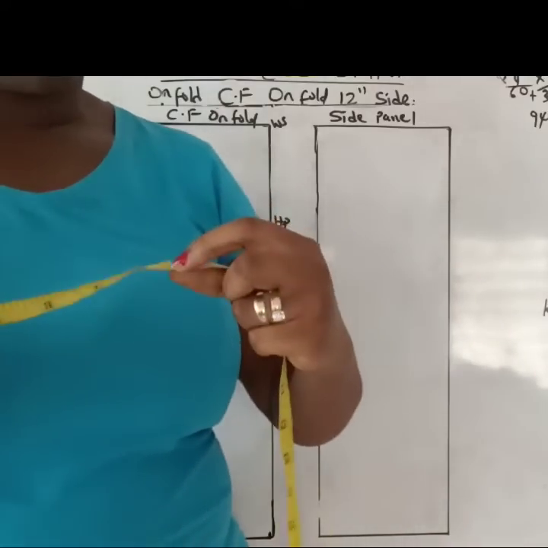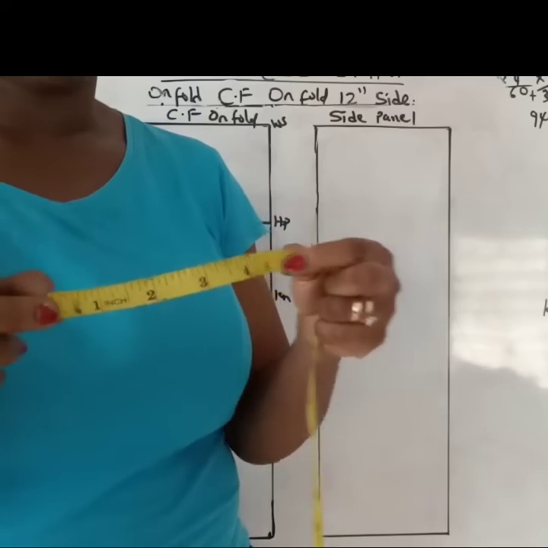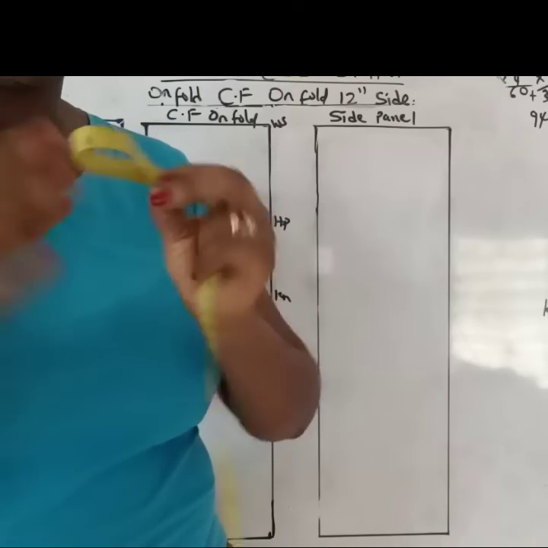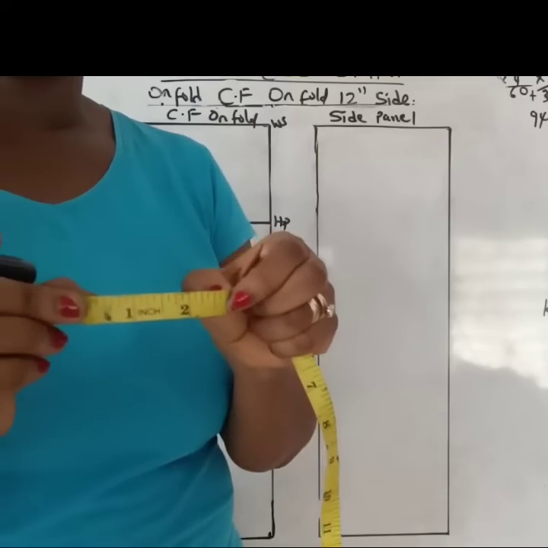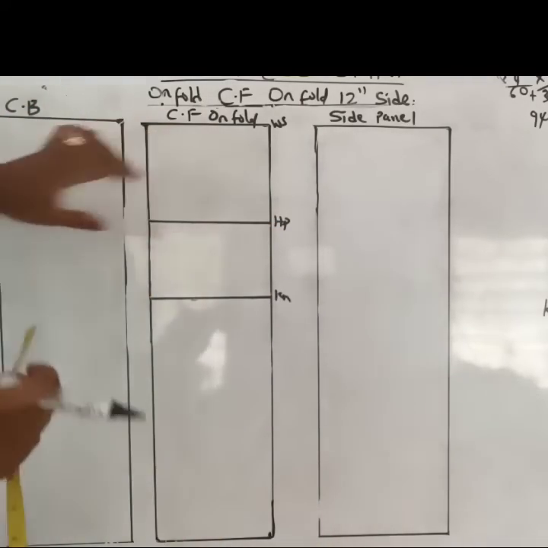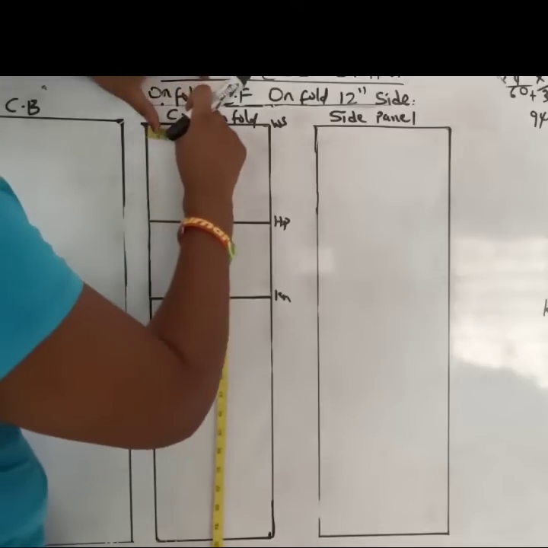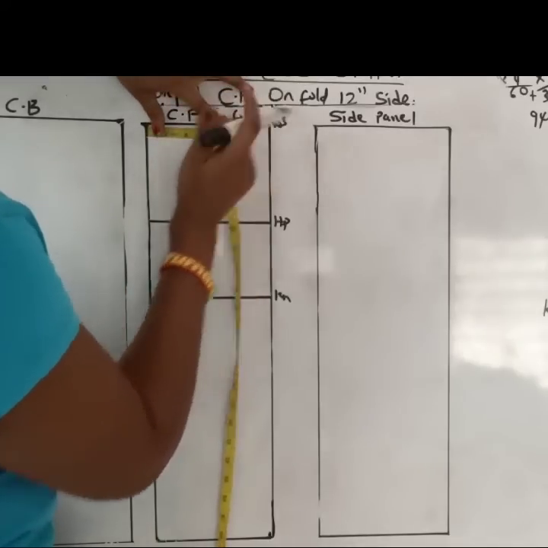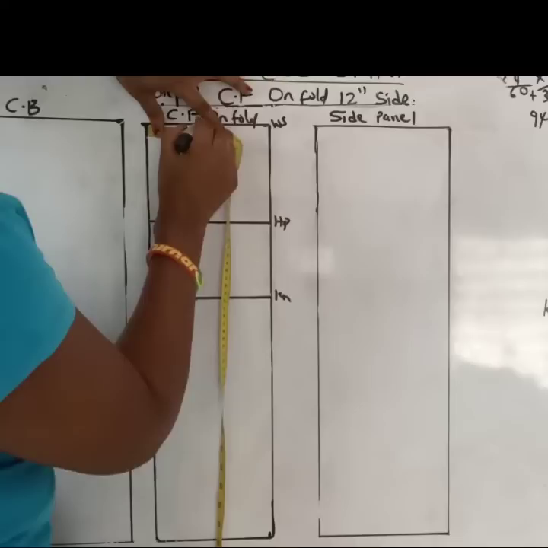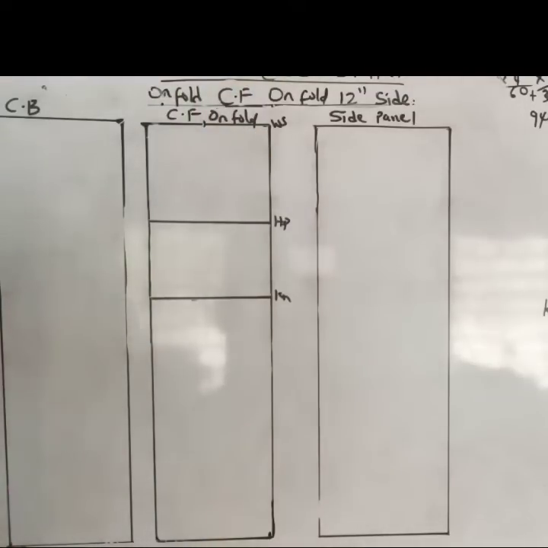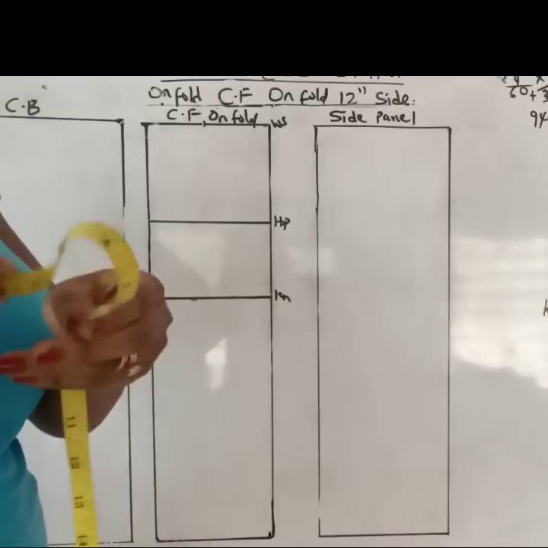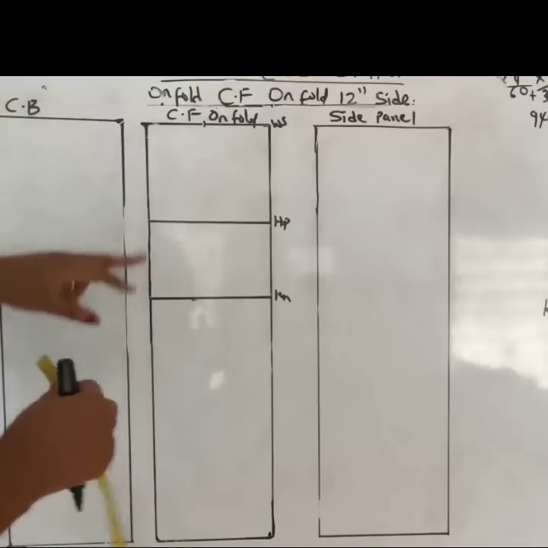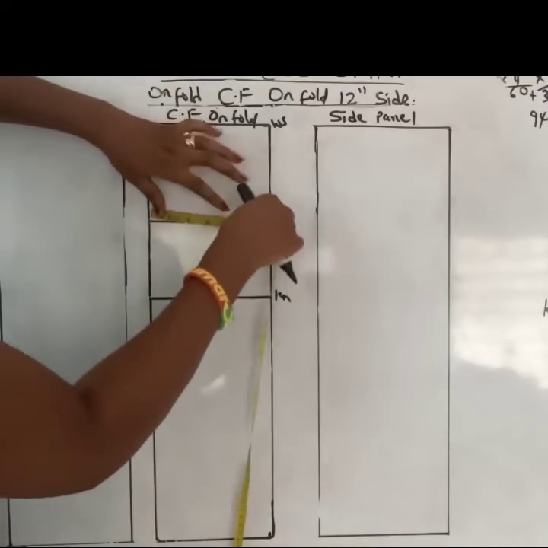So this is 5.5. When it is unfolded, we are going to have 2.75, so we mark 2.75. For the hip, we have 8. Unfolded, that will be 4. So for the hip line we mark 4.